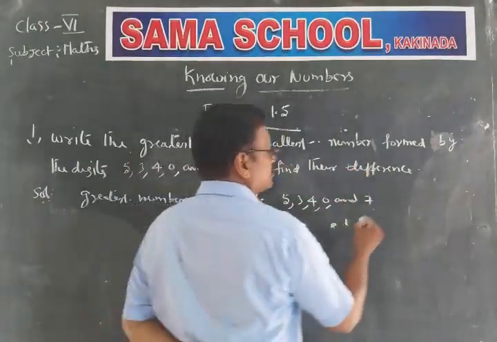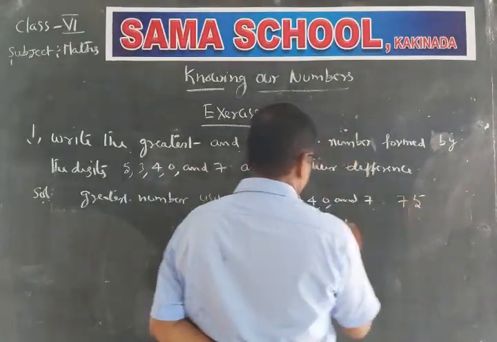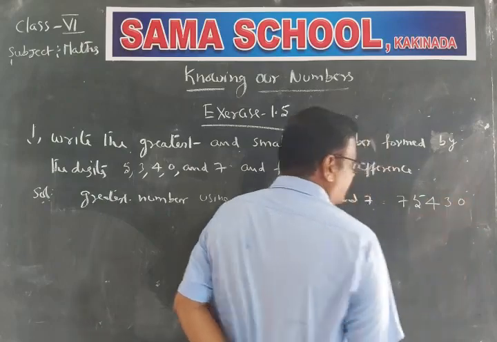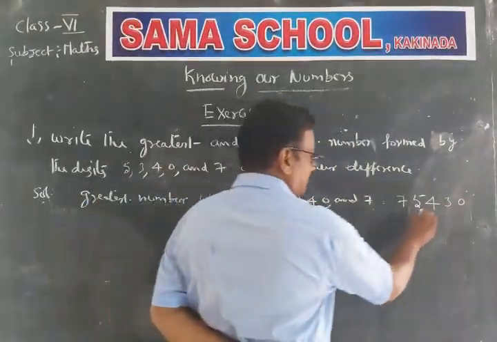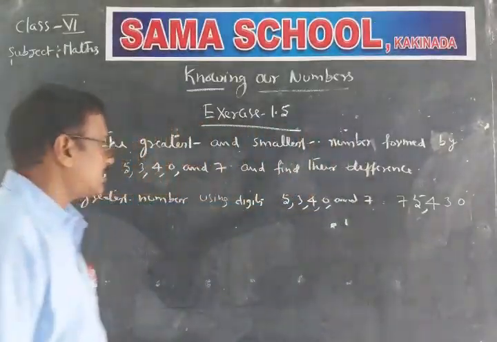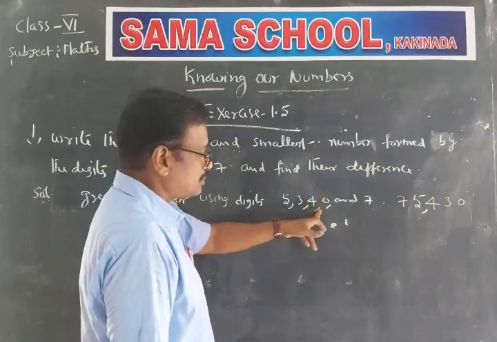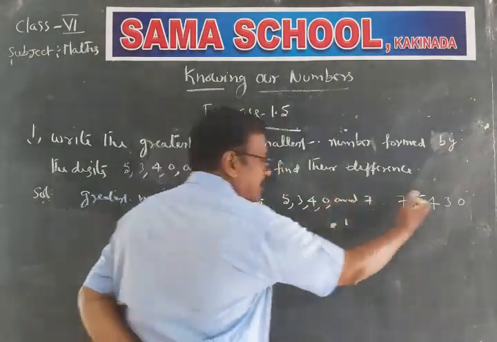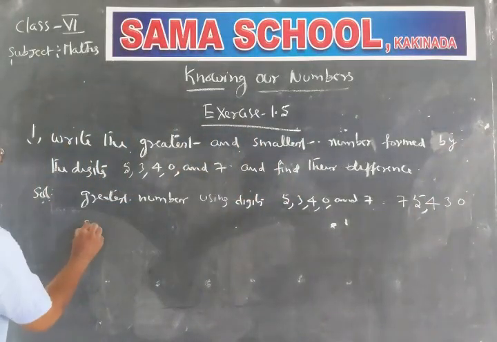First you write 7, then 5, then 4, then 3, then 0. The greatest number is written in descending order, from biggest to smallest. That is 75,430.